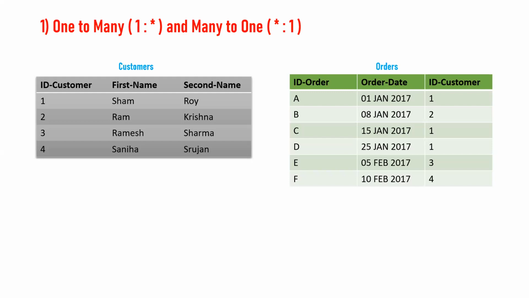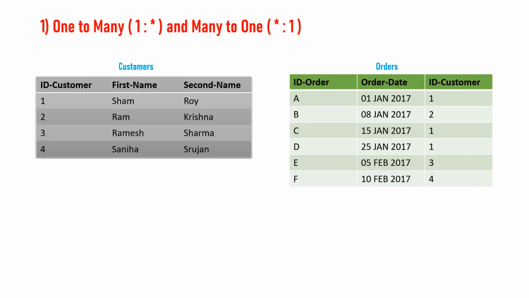In the orders table, the ID order is also unique. If you compare the customers table with the orders table, you have something in common, that is ID customer. So we can create a relationship between these two tables.